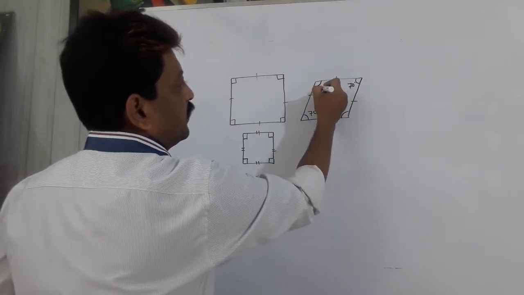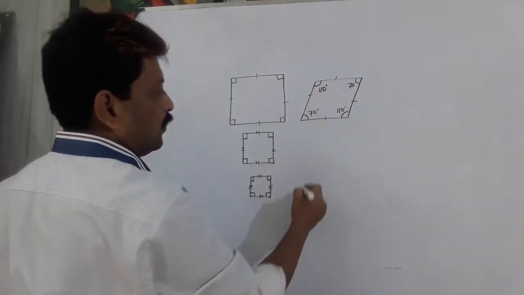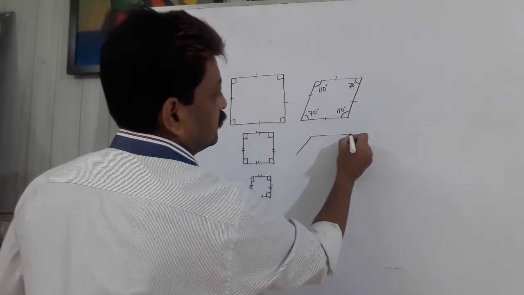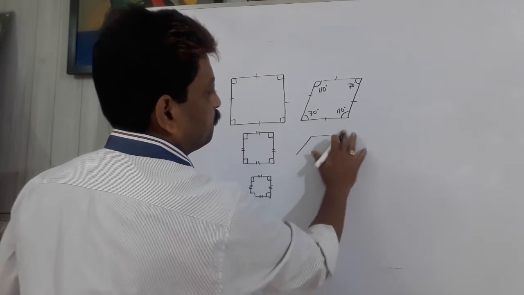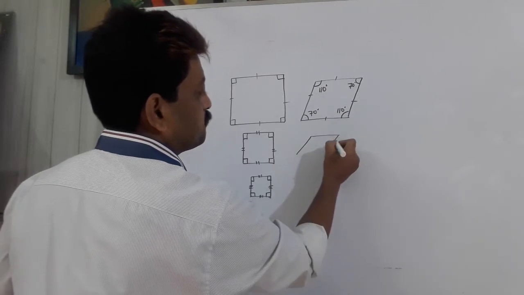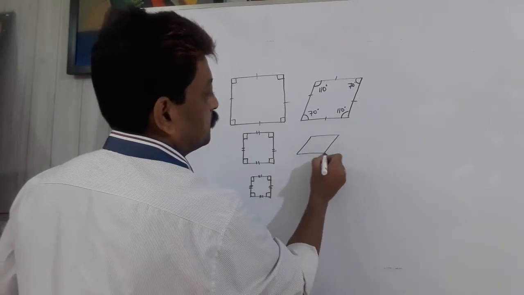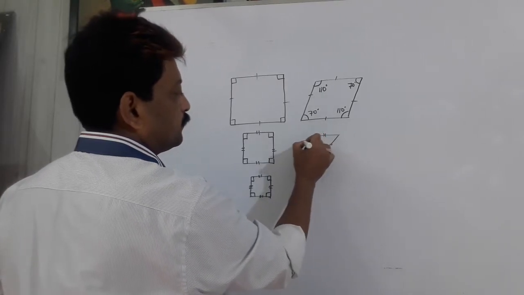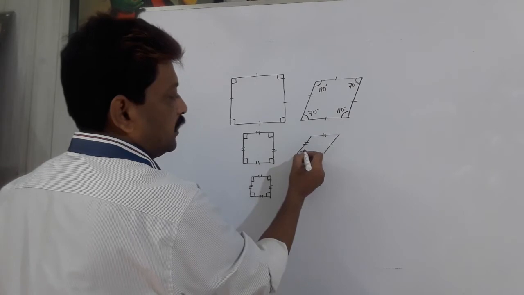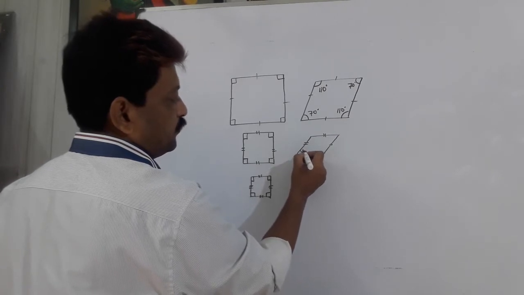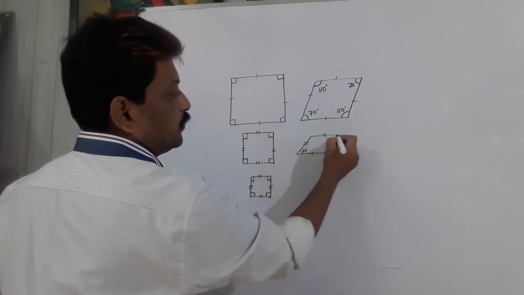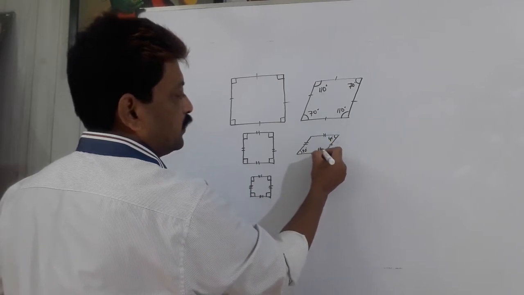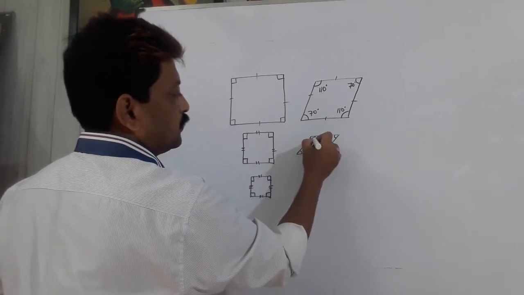Naturally this will be 110 degree. Okay, one more rhombus. Here all the four sides are equal, and this angle is 40 degree. So this is also 40 degree, and this is 140. This is also 140.